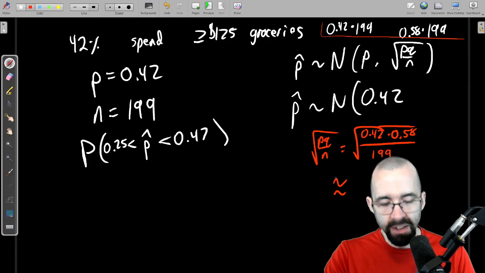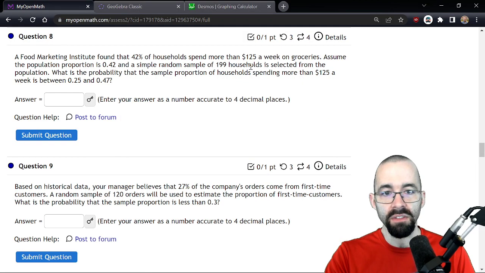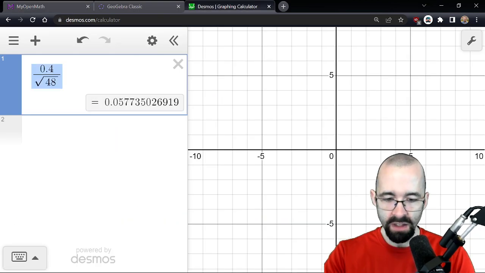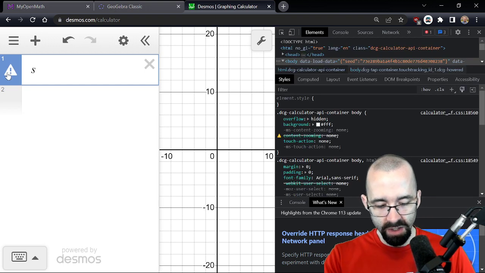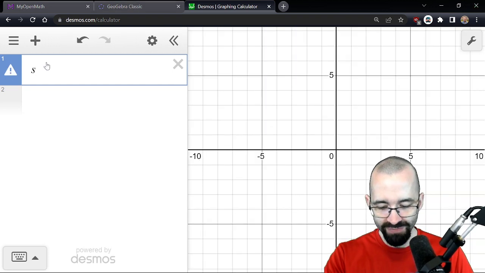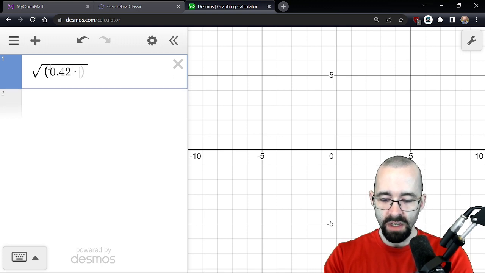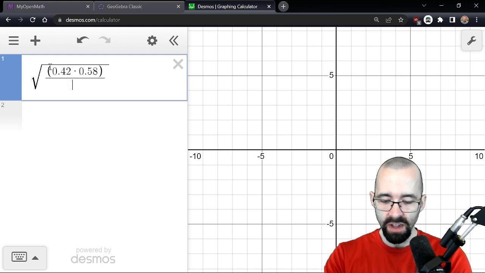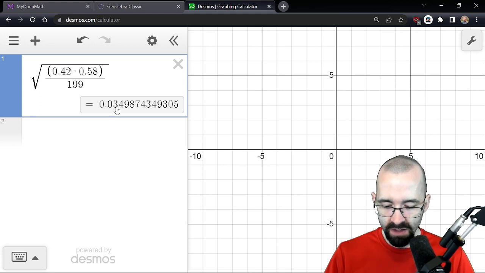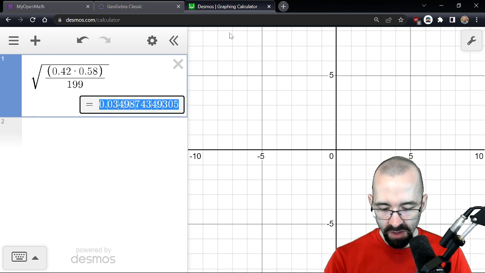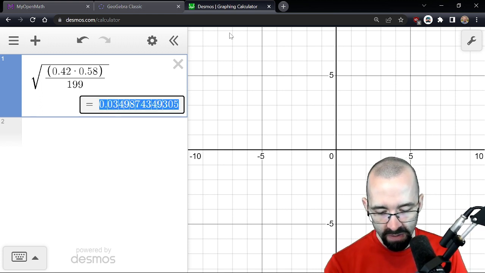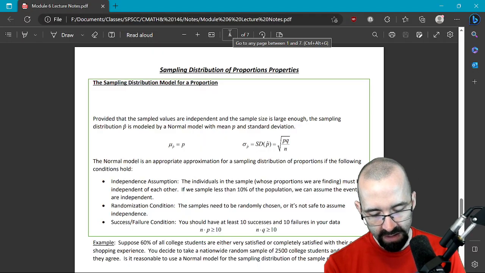Type that into a calculator. If I can find my calculator. Square root of 0.42 times 0.58 divided by 199. About 0.03499.